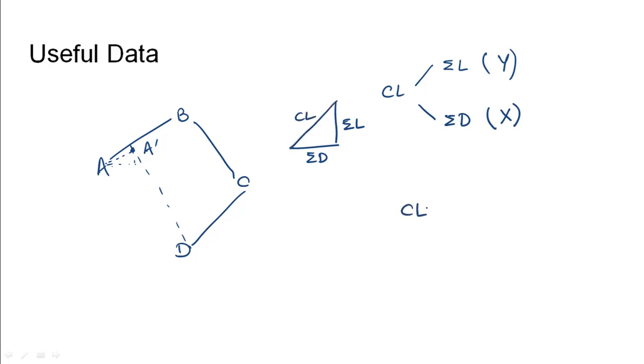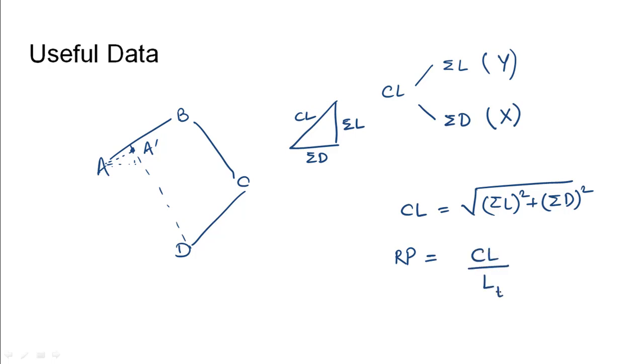So closing error will be given by the square root of summation L whole square plus summation D whole square. And if we need to find the relative precision of the traverse, that is given by the closing error divided by the total length of the traverse. So that would become the square root of summation L whole square plus summation D whole square divided by the length of the traverse.